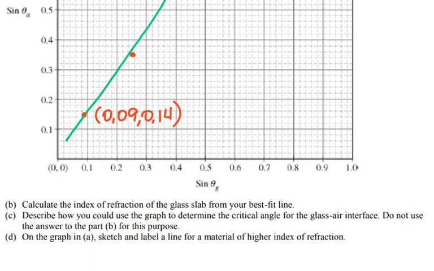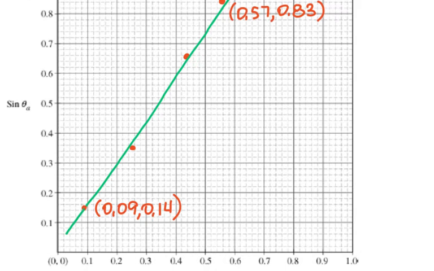For the next question, they say to calculate the index of refraction of the glass slab from your best fit line. So from Snell's equation, we have N1, or let's call it N air, sine theta air is equal to N glass sine theta glass.